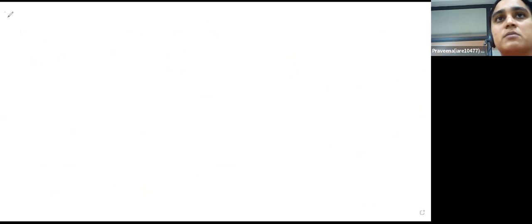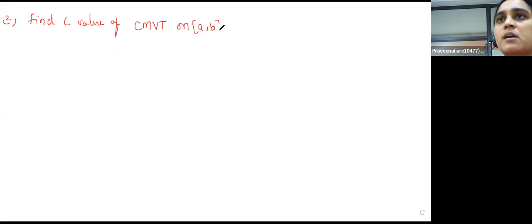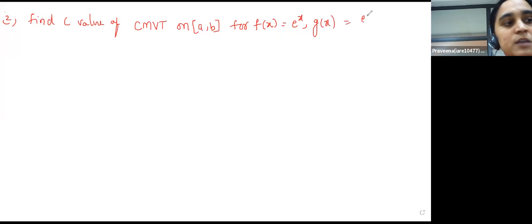Find the c value of Cauchy's mean value theorem on the closed interval a comma b for f of x equal to e power x and g of x equal to e power minus x, where a and b are greater than 0. Find the c value by using Cauchy's mean value theorem.